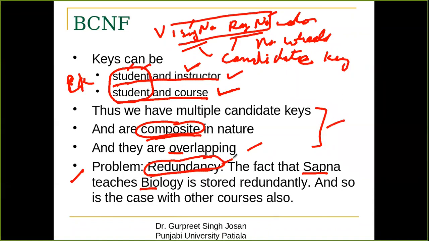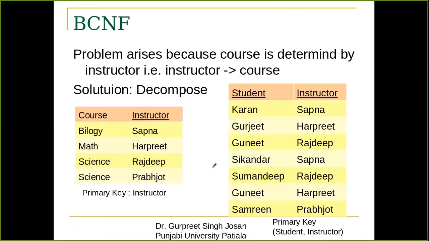The problem is of redundancy. That means we are storing the same fact again and again. And what is the solution? The solution will be again the same. We have to decompose the table. The problem arises because course is determined by the instructor. That means course is dependent upon instructor. Given the instructor name, I can find the course, because there is a condition that every instructor will teach only one course.